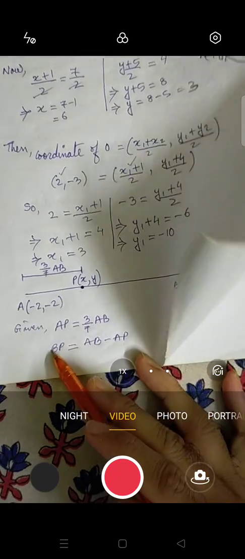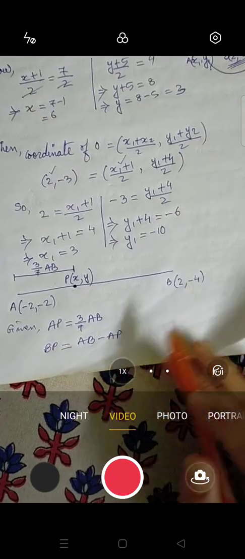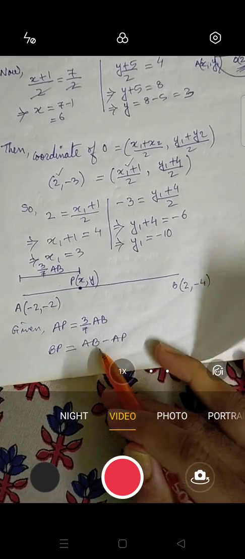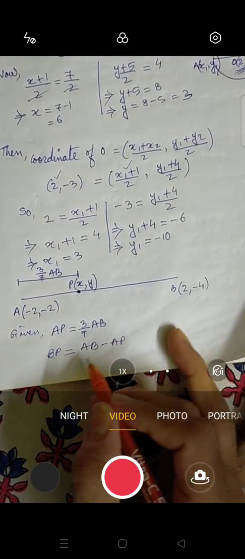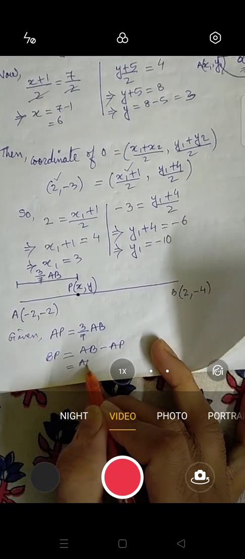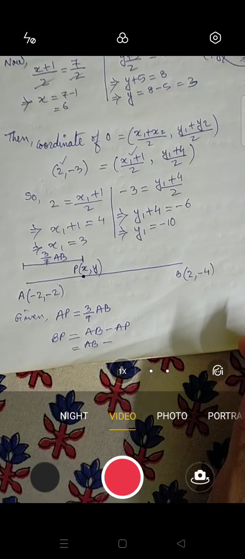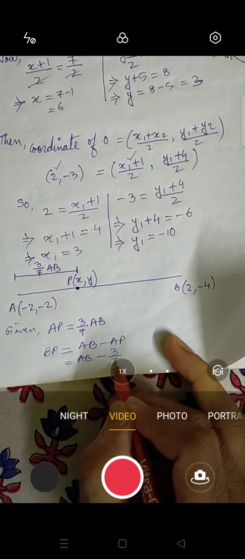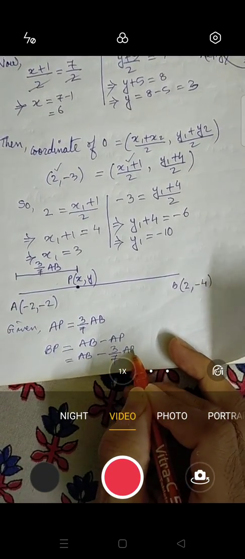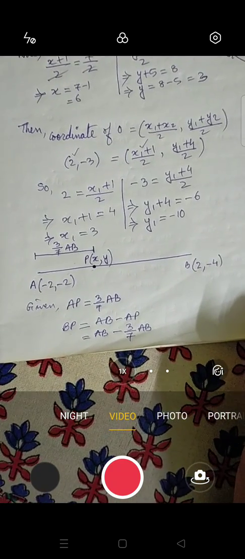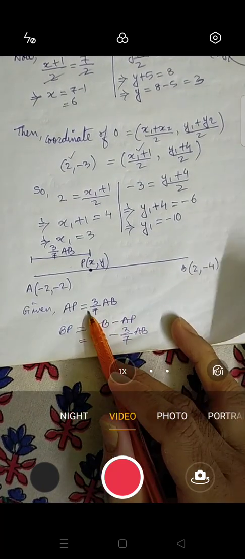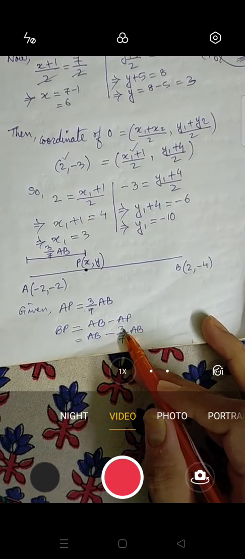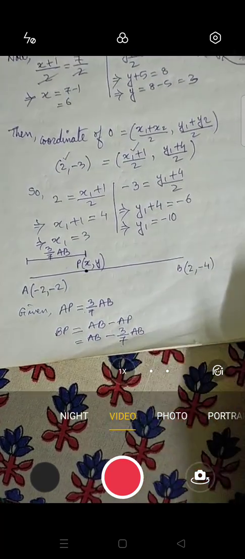So we have written BP equals AB minus AP. Now AB is AB only, minus AP, and we know that AP is 3 by 7 AB, correct? So AP I have written as 3 by 7 AB. Any problem?